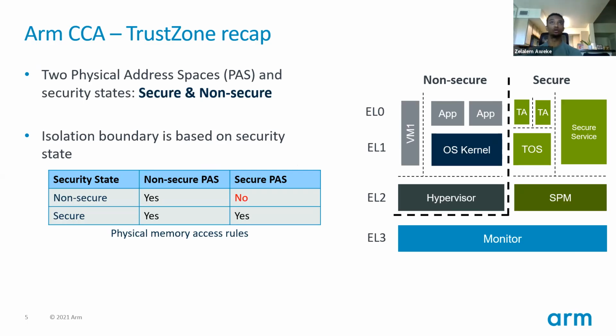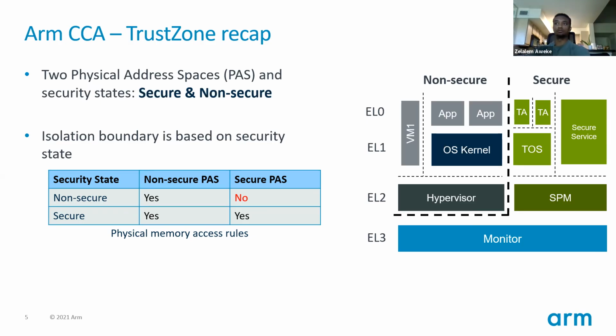In the TrustZone architecture, we have two physical address spaces and two security states, secure and non-secure. To the right, as you can see, we have the basic TrustZone software architecture.